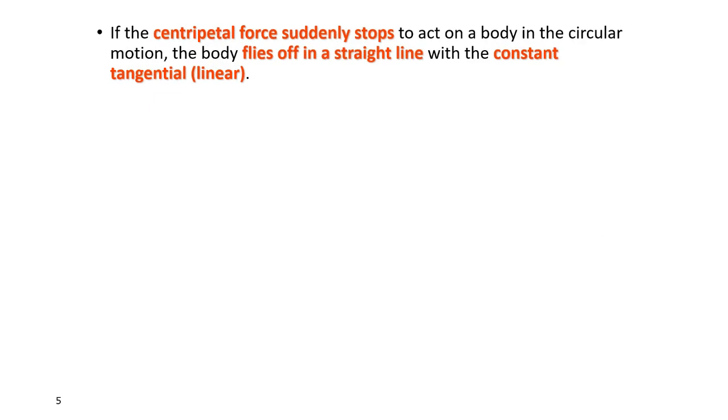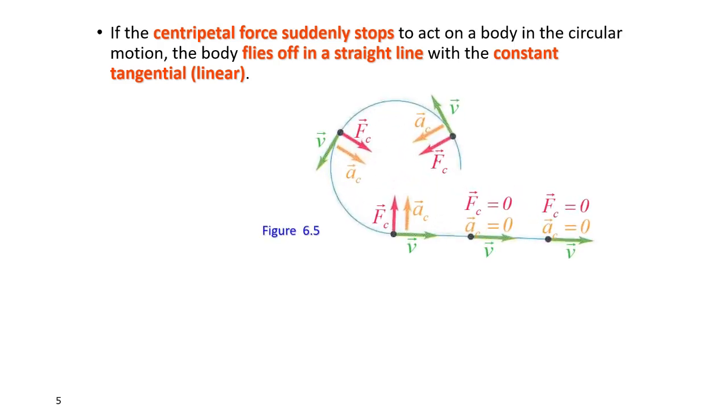Now, what if the centripetal force suddenly stops? If the centripetal force is suddenly stopped on a body in circular motion, the body will fly off in a straight line with a constant tangential linear velocity.